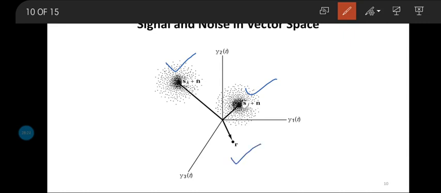So, now let us consider a receiver which has to decide whether this received symbol R is very close to Sj, or very close to Sk, or very close to some other point in the M-ary set that is available.